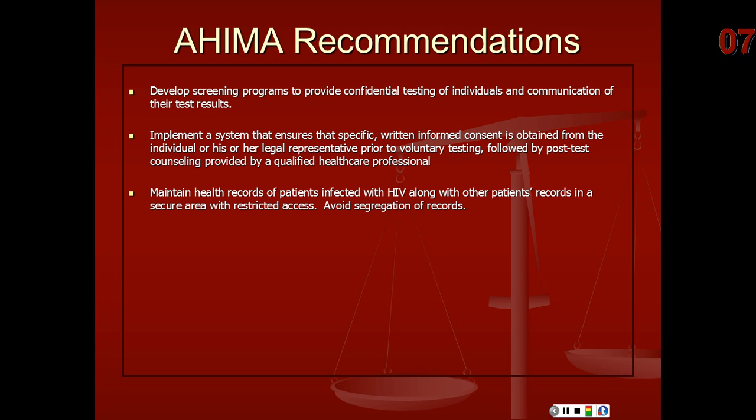And in our desire to protect that information, we should not treat it differently than any other protected health information, meaning we don't need a specific place and say, well, we're going to lock these records up over here, and we segregate them or separate them from all the other records, because in doing that, it makes it obvious that that is what's on those records, that there are maybe some HIV results or something like that.